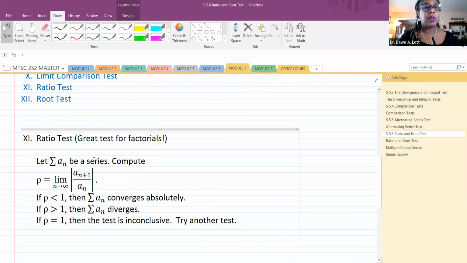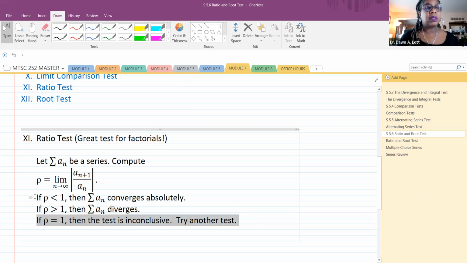Okay, come on, guys. We check to see if the rho that we got is less than 1, and if it is, our series converges absolutely. If rho is greater than 1, then we know it diverges, and if rho is equal to 1, the test is inconclusive. So we do not want the series to diverge, nor do we want a situation where our test is inconclusive.